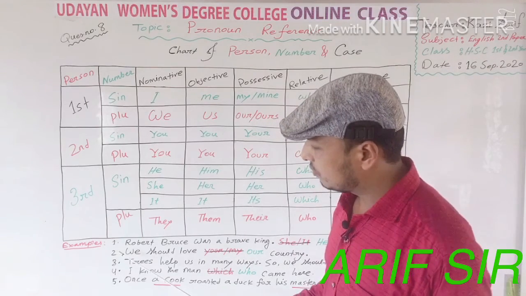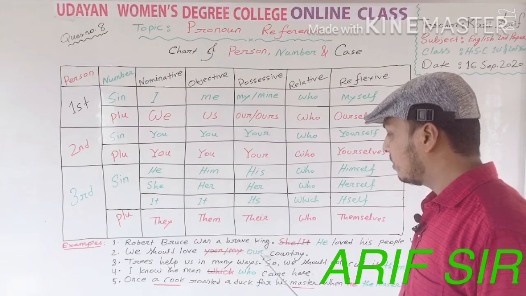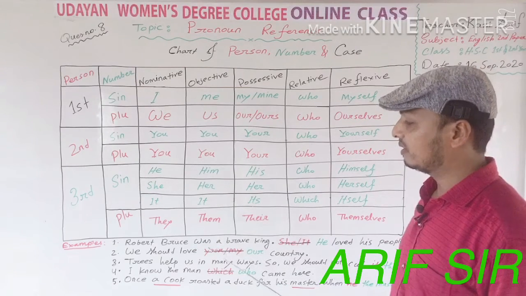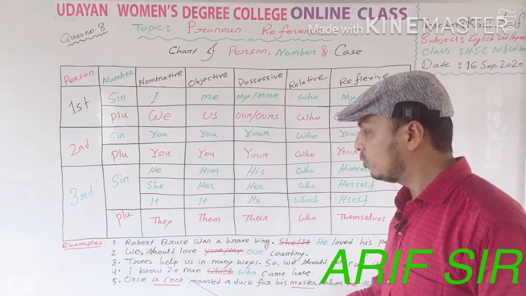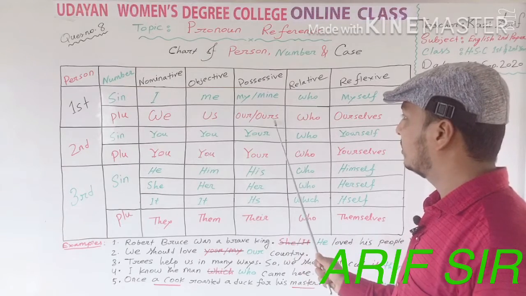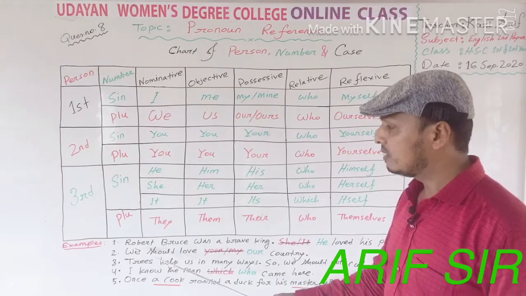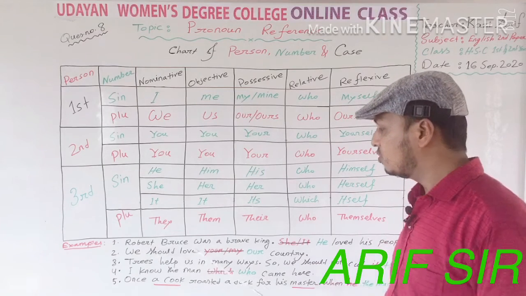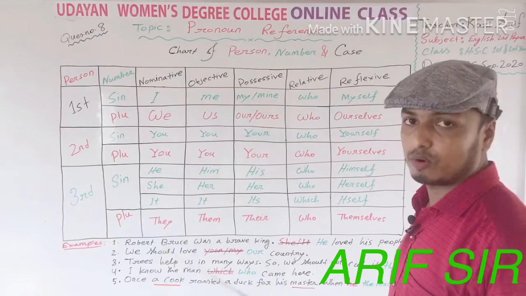Next, go for 2. We should love your, my, our country. Which will be the correct form? Here the subject is we, and the possessive form of we is our, not your or mine. According to the subject or pronoun, you should use the possessive case of pronoun or noun.